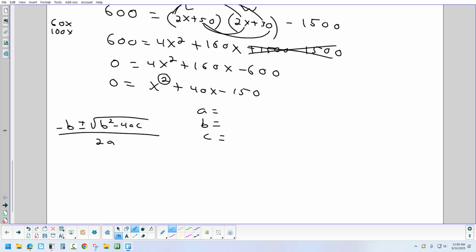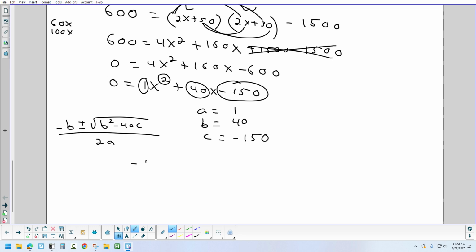A is 1, yes. B is 40. And what about c? Negative 150. So a is what's in front of x squared. A, b, and c are all numbers.